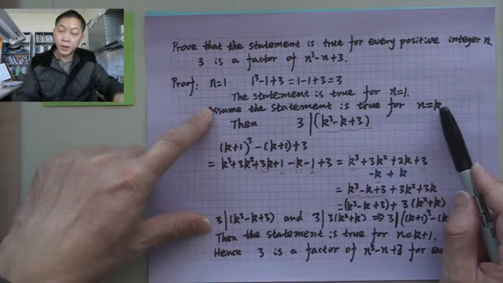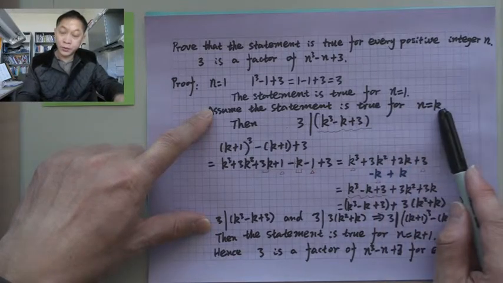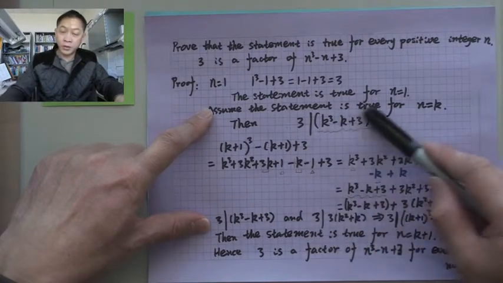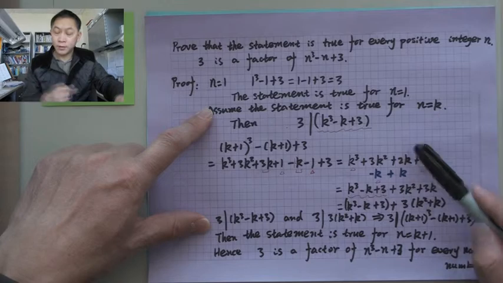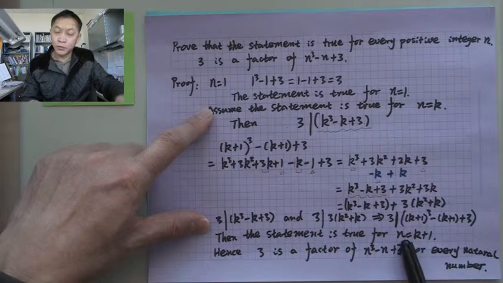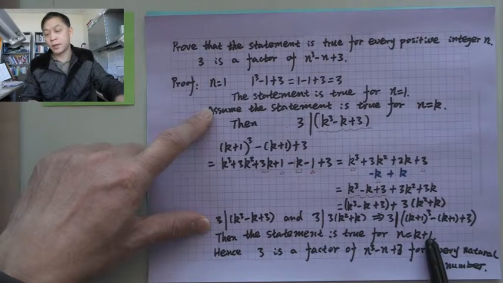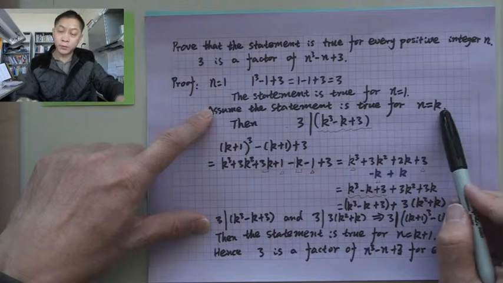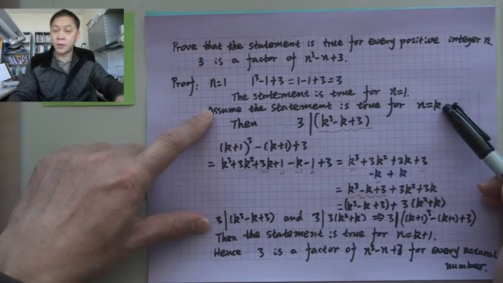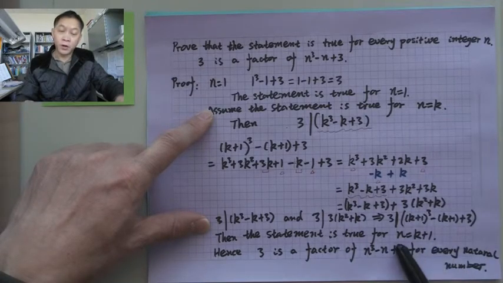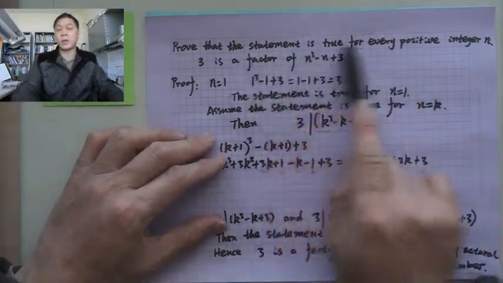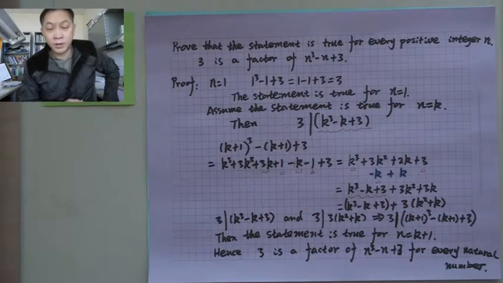The statement can be true for k equals 2, and the same proof process applies, so the statement is true for n equals 3. Because it's true for 2, adding 1 it would be true for 3. Then it's true for 3, and it will be true for 4. So this loop applies. Then you can say it is true for every positive integer.